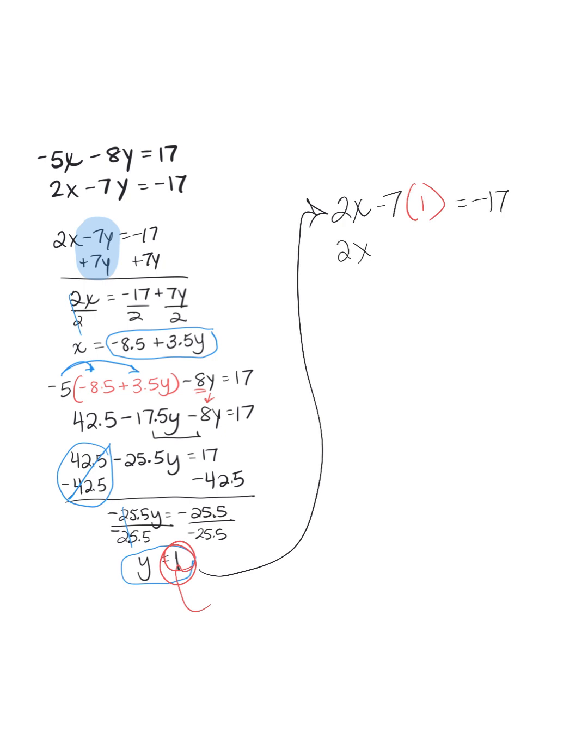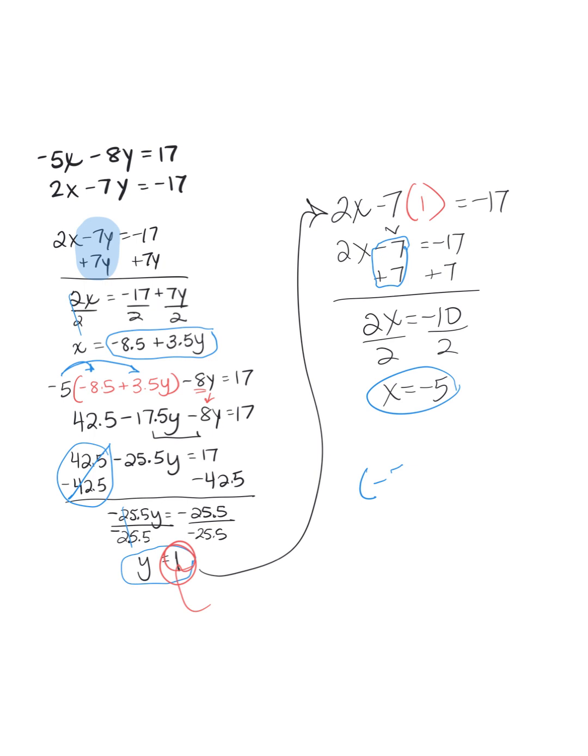So 2x minus 7 equals negative 17. Let's add 7 to both sides. That cancels out, which is the whole reason we're adding 7, to make that equal 0. We get 2x is equal to negative 10. Divide both sides by 2. x is negative 5. Voila! We have done it. We have a solution, negative 5, 1.